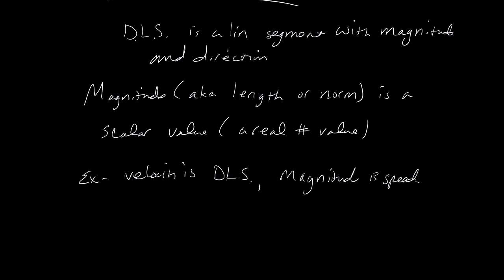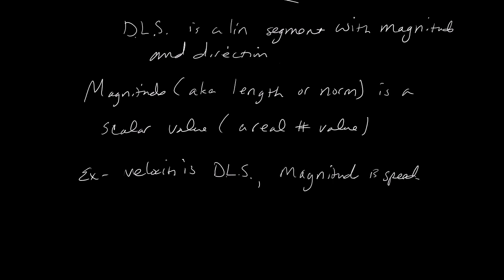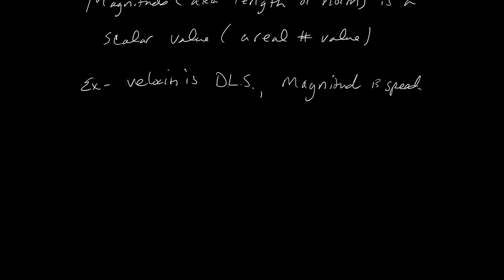I have direction, I have a speed. That's a directed line segment. Or I could just say I'm traveling on this road that runs north-south at 50 miles per hour. You don't know if I'm going north or south, but you do know I'm traveling at 50 miles per hour. So that is my magnitude. Just an example to help you understand if you've not dealt with vectors before.